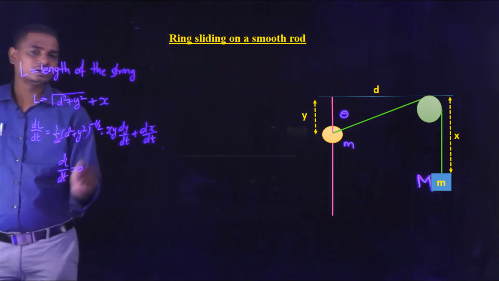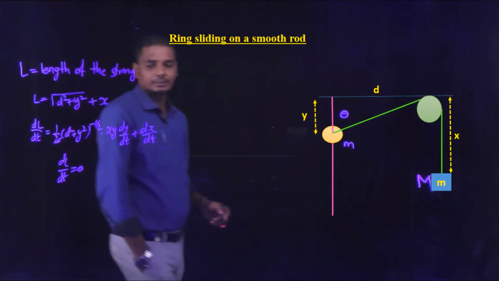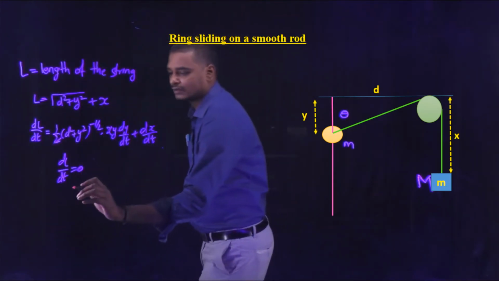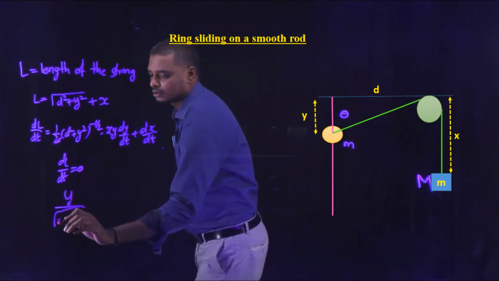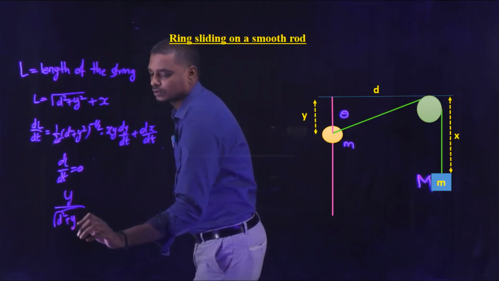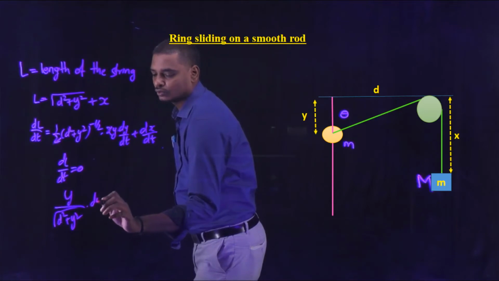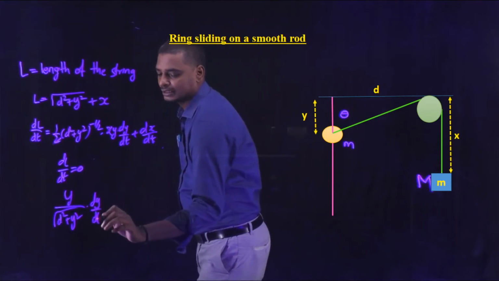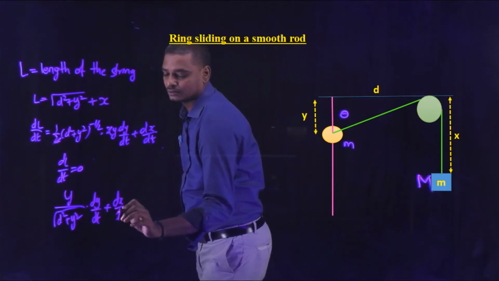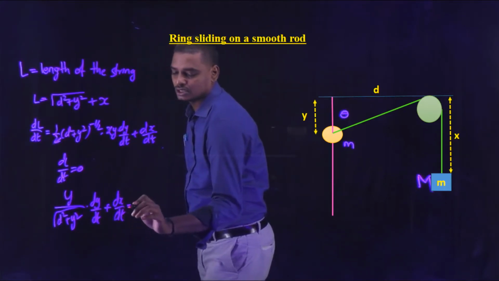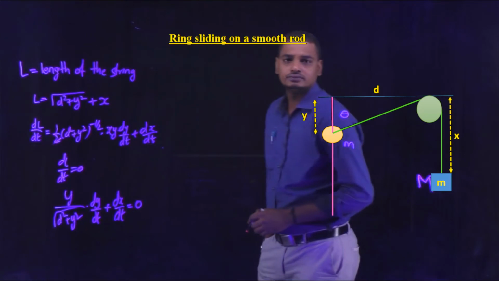Here the 2 gets cancelled, so it can be written as y divided by root over d square plus y square into dy by dt plus dx by dt is equal to 0.